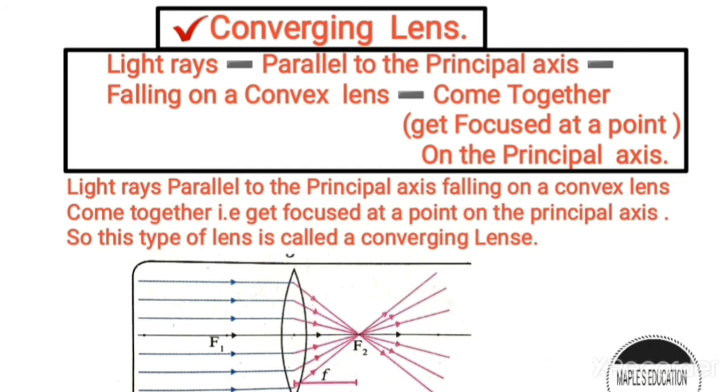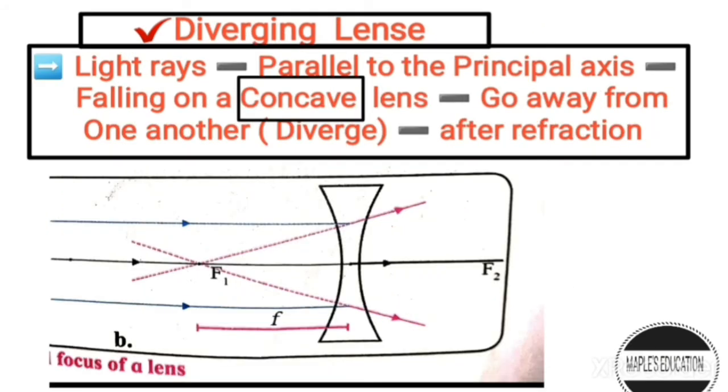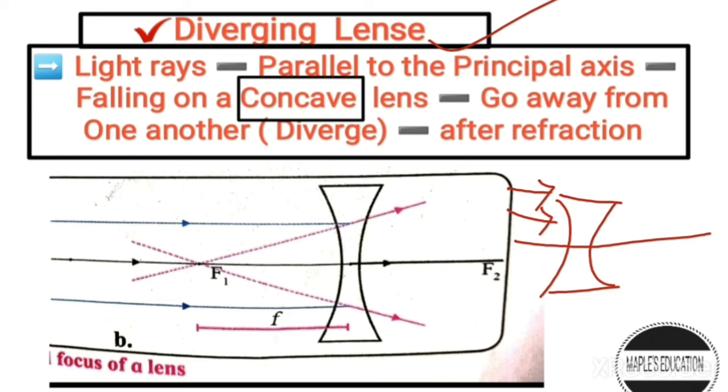Let us move to the next concept, that is the diverging lens. Now what happens here? This is my concave lens, I have a principal axis here, and light rays over here. When my light rays are parallel to the principal axis and there is a lens in between, we know that diverging happens with the concave lens.